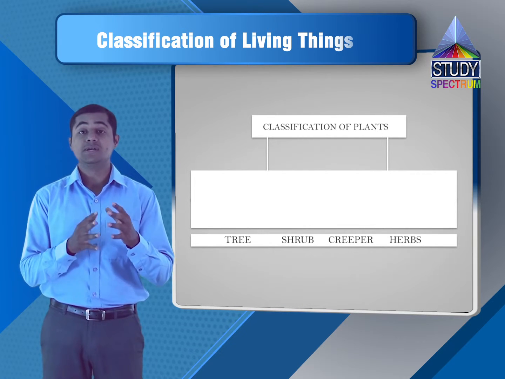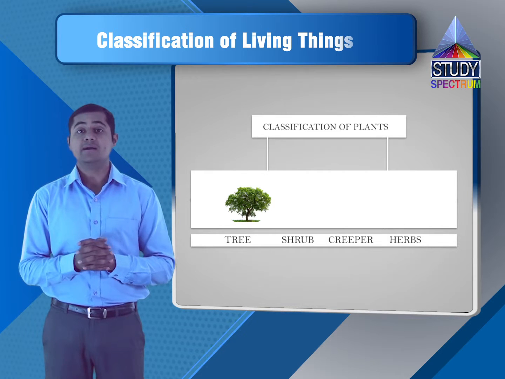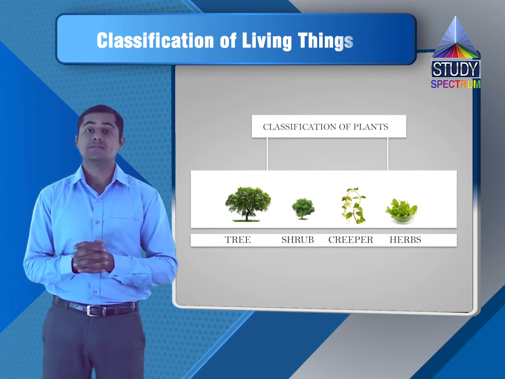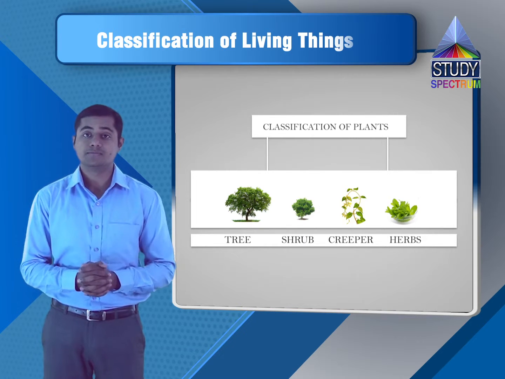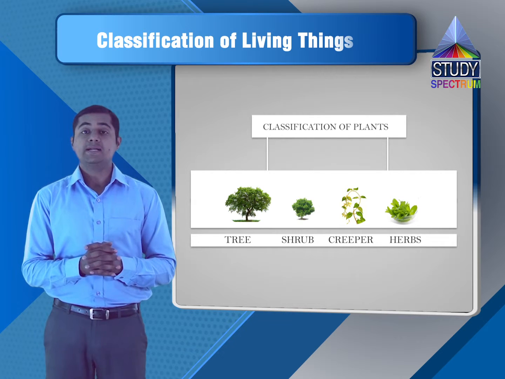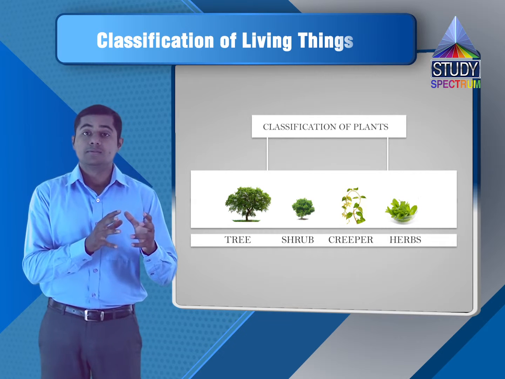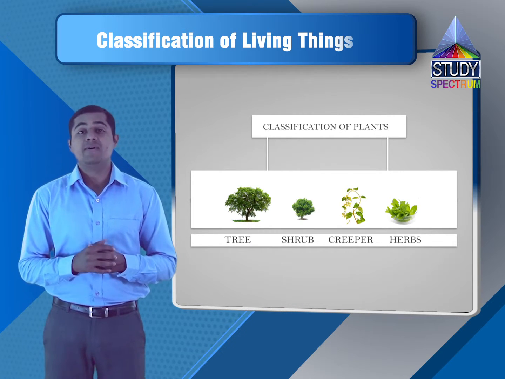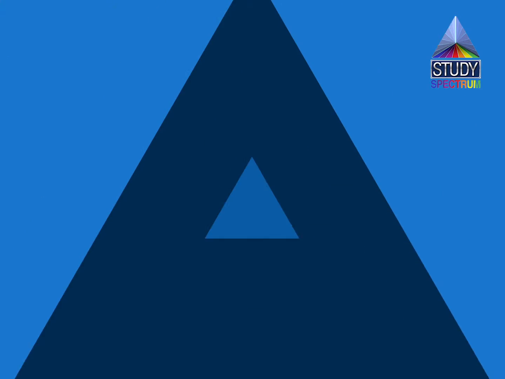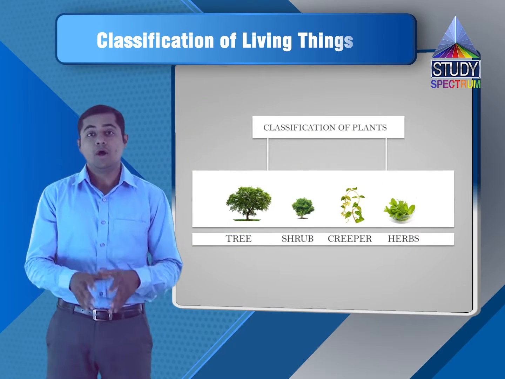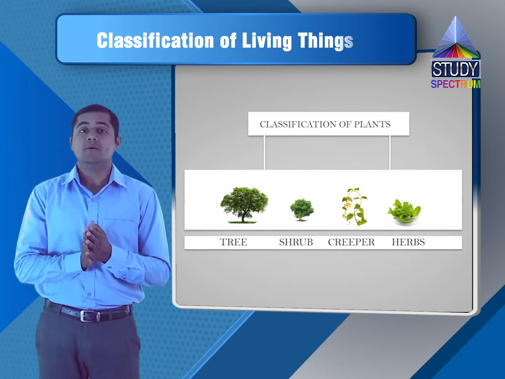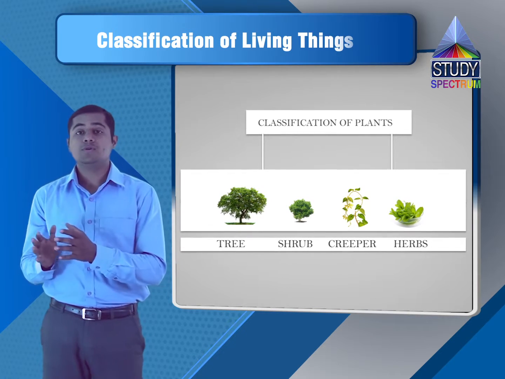The first group is trees, second shrubs, third climbers and creepers, fourth herbs. From the size of the plant and the type of their stem, we can divide all plants into these four subgroups.